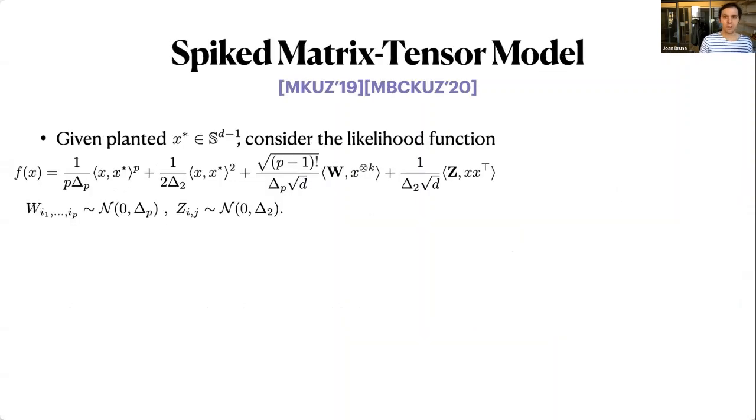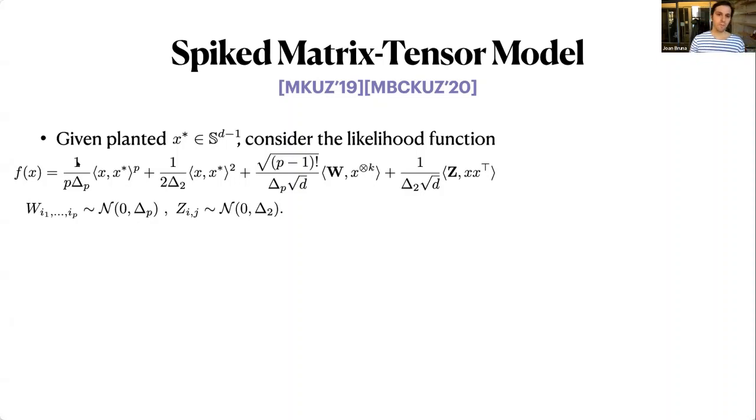Now let's look at a problem that has a little bit of this flavor. This is a model that was introduced by Marco Mondelli, Florent Krzakala, and Lenka Zdeborová three years ago, and then it was also developed in some work with Giulio. This is a problem of the flavor of tensor PCA.